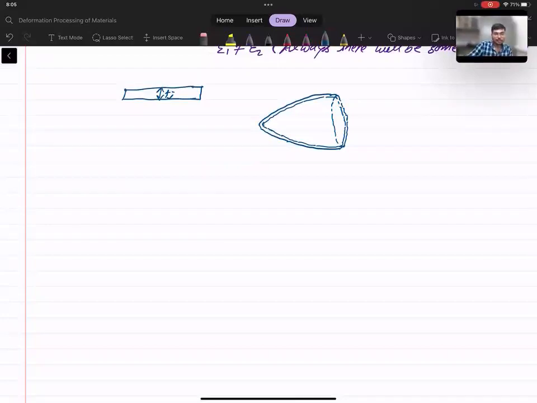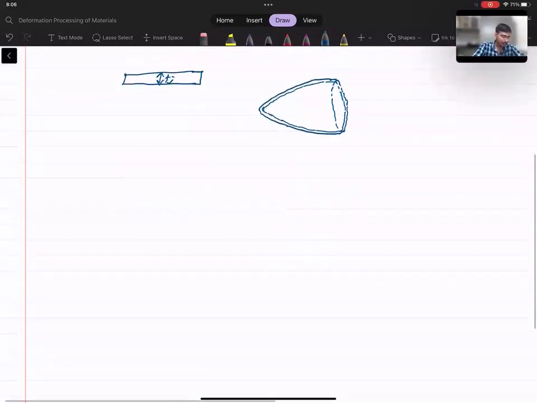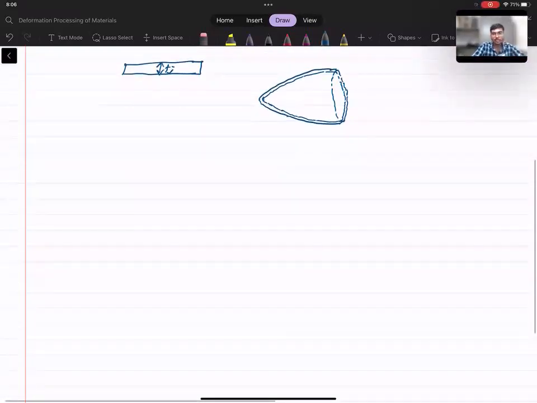Now let us see some relations, as we have seen three things here: alpha, E1 and E2. So there are two relations, one with alpha and the other with E1 and E2, which are the strains.